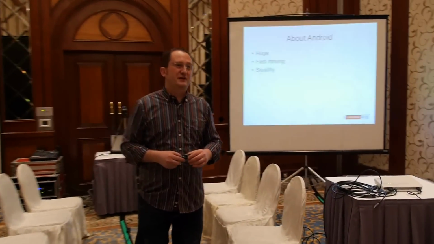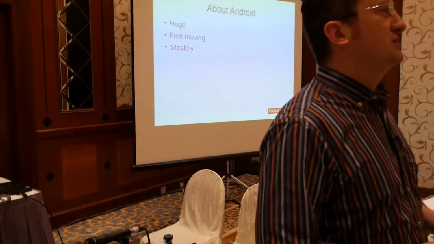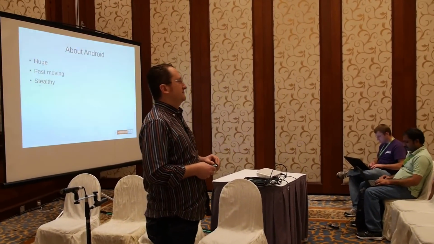The first thing I want to start with is a prelude about Android in general. Android is very big. Just to give you an idea, Gingerbread, which is about 2 years old now, was 3 gigabytes when you downloaded it, and when you built it, it generated about 10 gigabytes worth of a directory. These days, Jelly Bean is about 10 gigabytes, and it will generate about 25 gigabytes of a directory, fairly large.